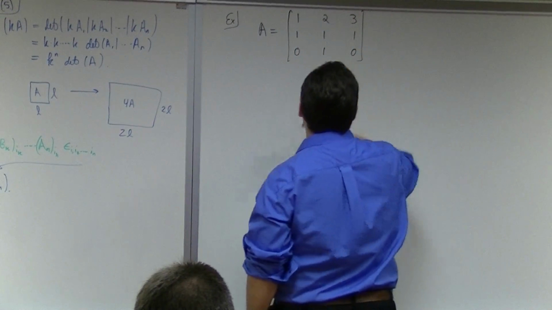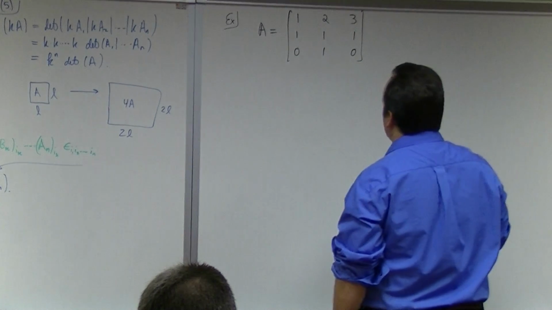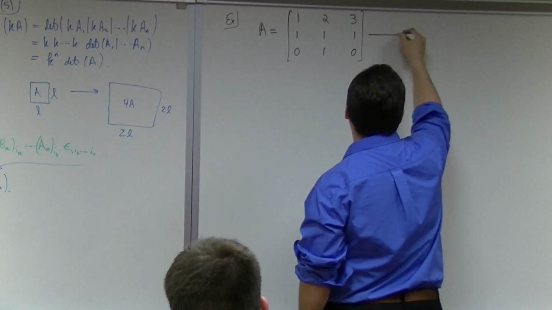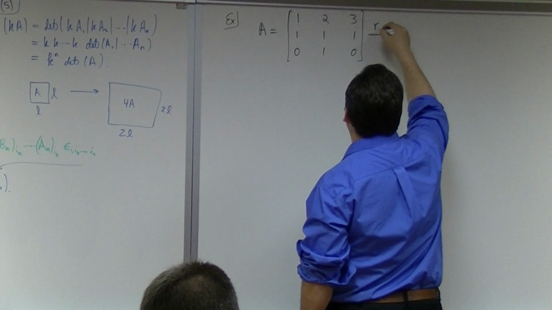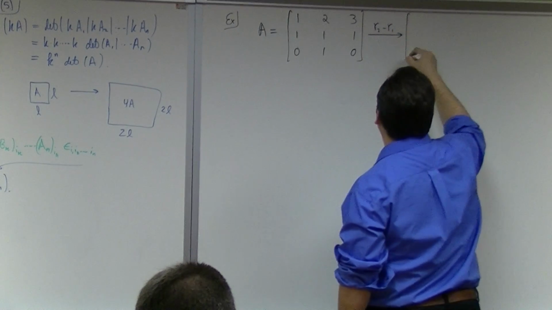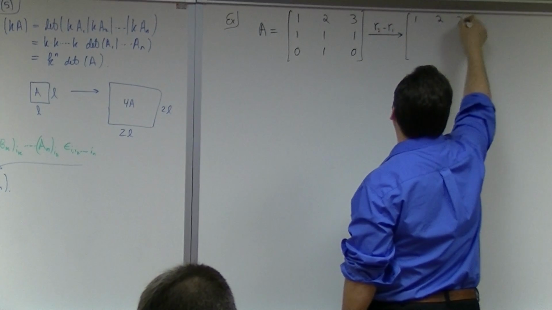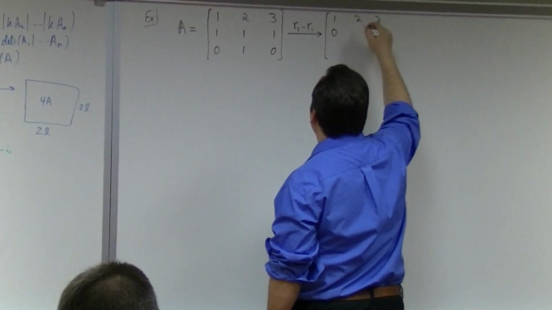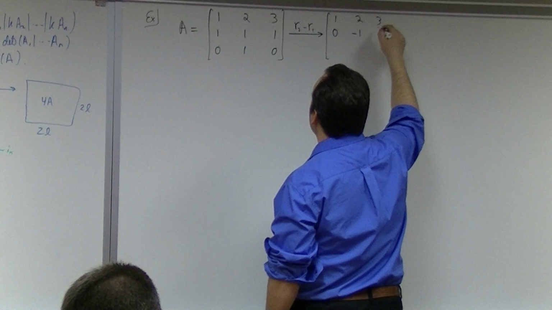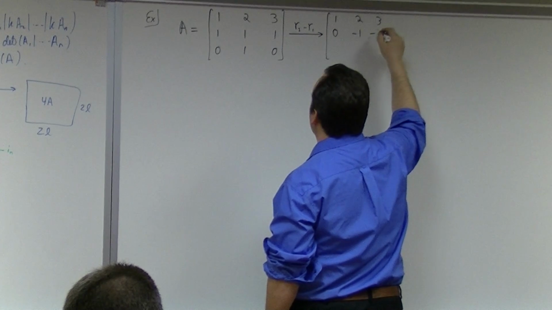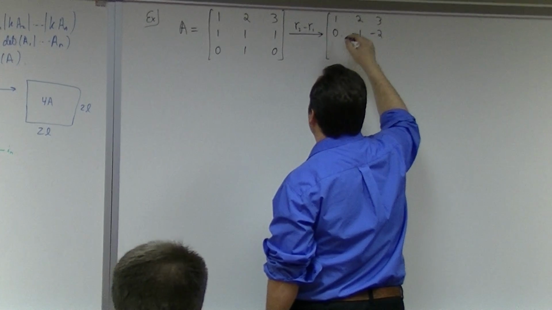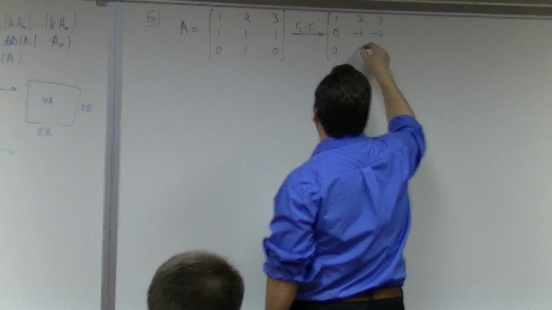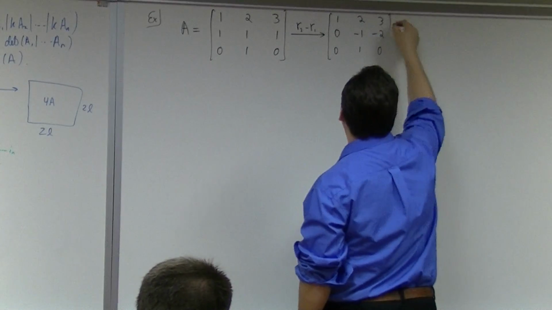That's pretty simple, maybe too simple. If you do row operations, say row 2 minus row 1 gives me 1, 2, 3, then 0, minus 1, minus 2.